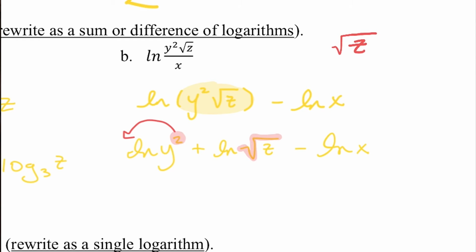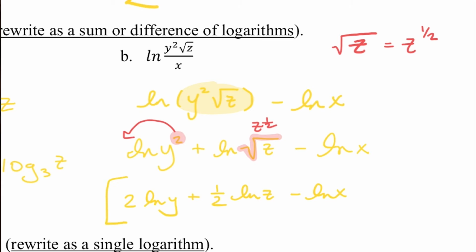So if you have the square root of z, that's the same thing as z to the 1/2 power. So that means our answer would be 2 ln y plus 1/2 ln z minus ln of x, because again, this right here is the same thing as z to the 1/2 power. That 1/2 would need to come in front.